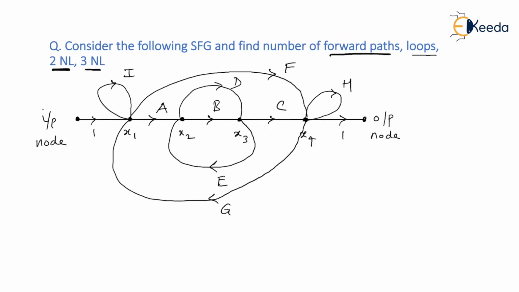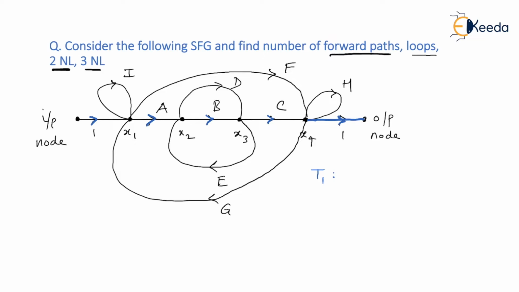We will indicate forward paths with T. T1 refers to the first forward path. It is always easy to start from the input node to the output node directly in a straight line. In this straight line, as you can see, A, B, C, and then you come to the output node, and this can be considered as the first forward path. Am I right?